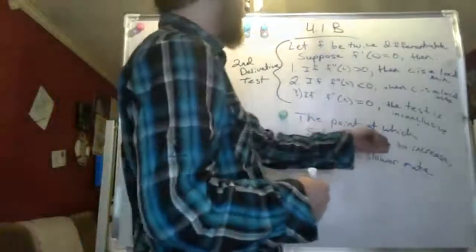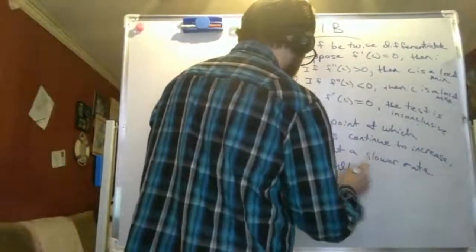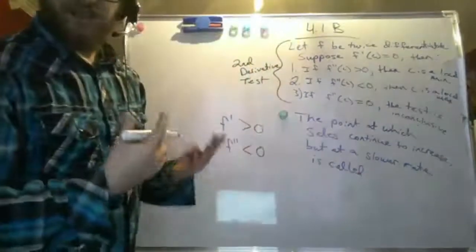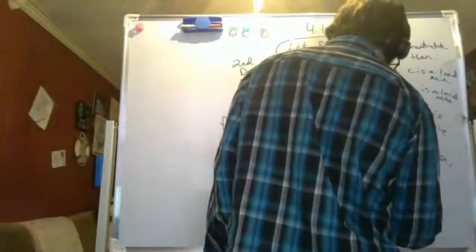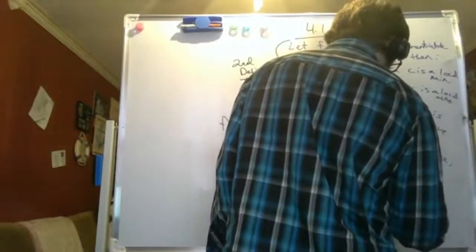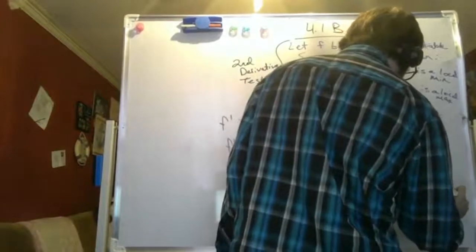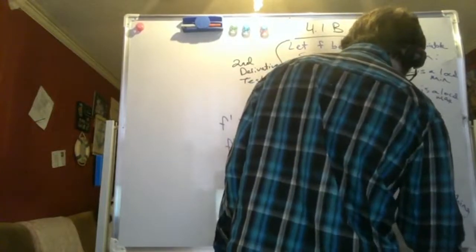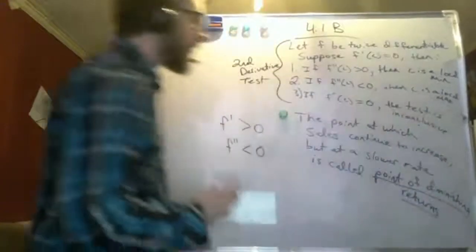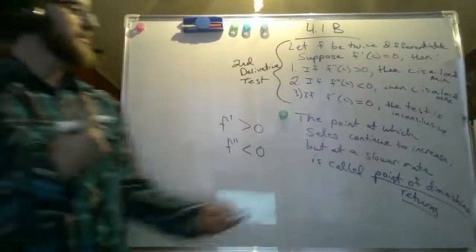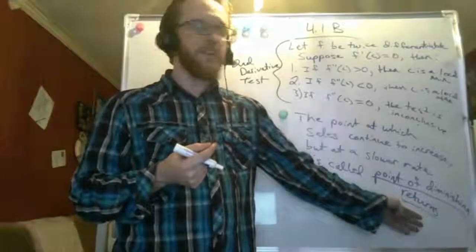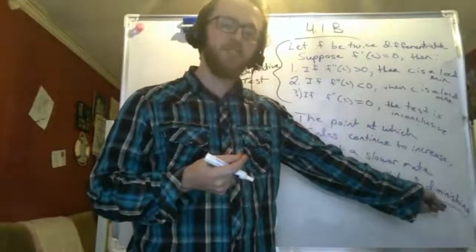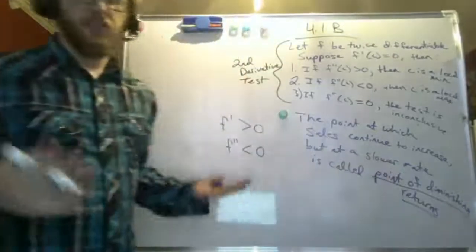Well, the point at which sales continue to increase but at a slower rate, and you might have guessed this from the name, this is called the point of diminishing returns, which just means, we're still making a profit, we're still getting returns, but it's at a diminishing rate. Hence the name, point of diminishing returns.